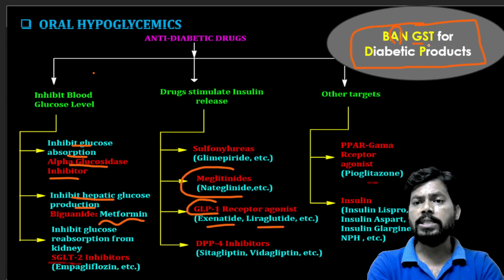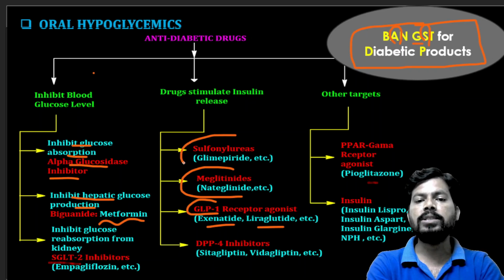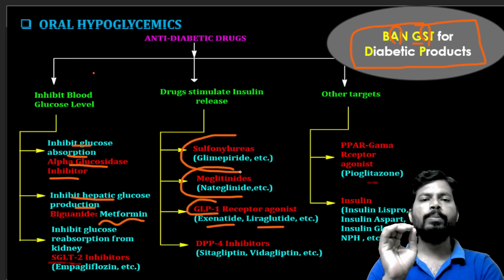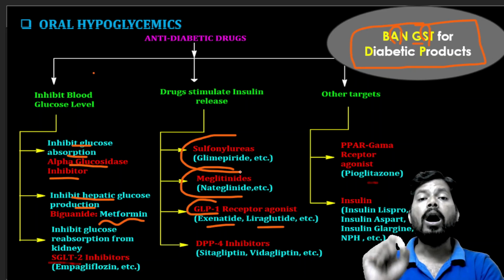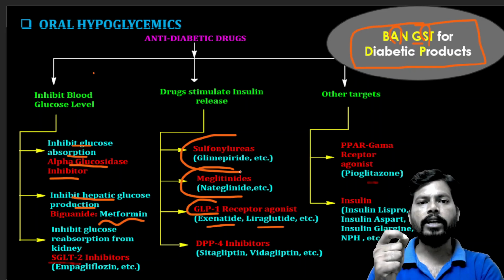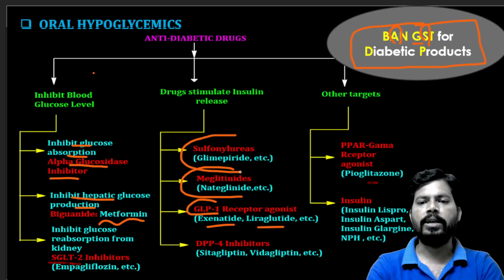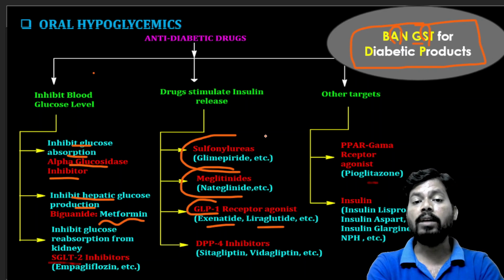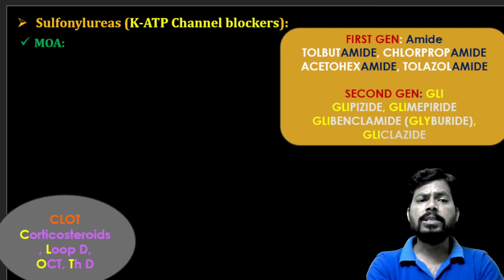Next, S. S is for sulfonylureas. Sulfonylureas are the major drugs in the treatment of type 2 diabetes. Apart from the insulin preparations, all others are oral hypoglycemics for type 2 diabetes treatment. Example, glimepiride. In the sulfonylureas there are different generations.